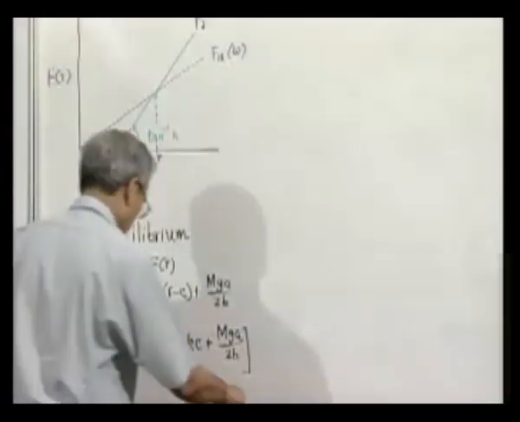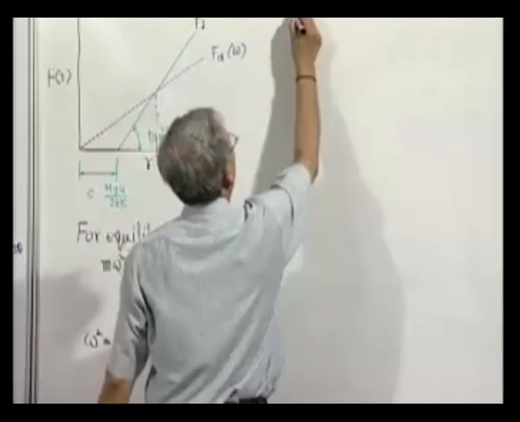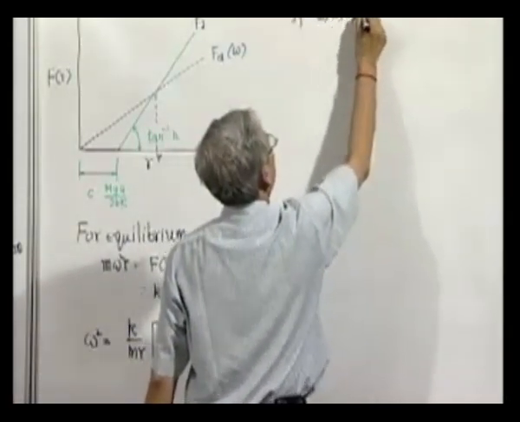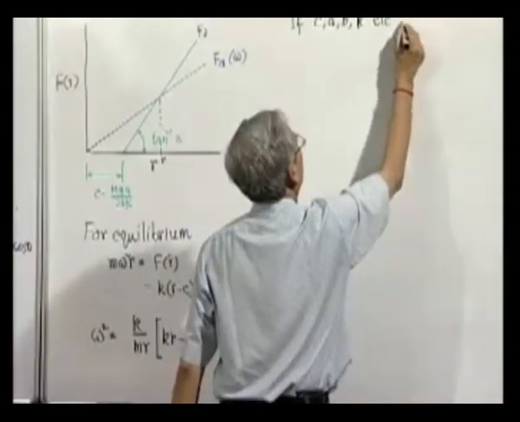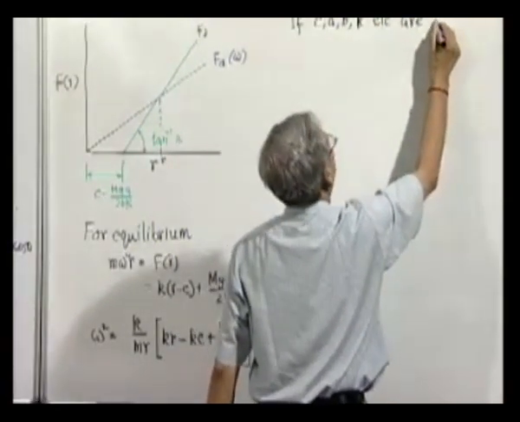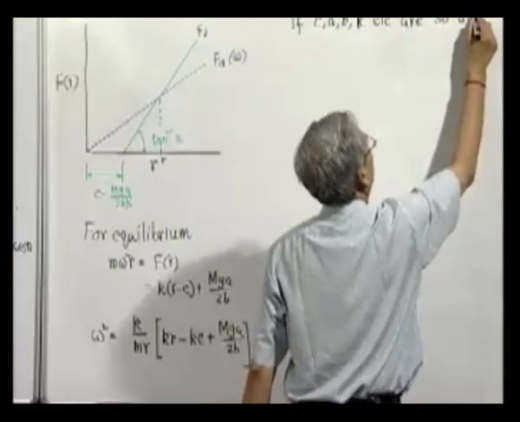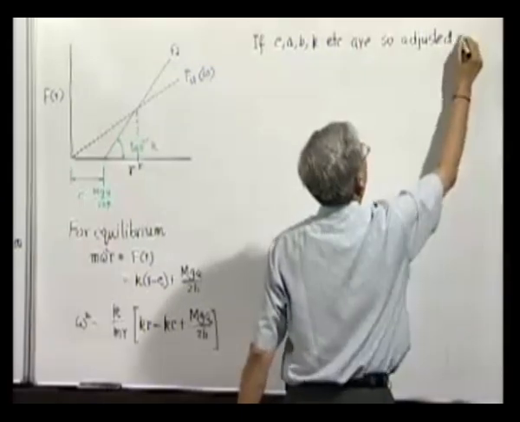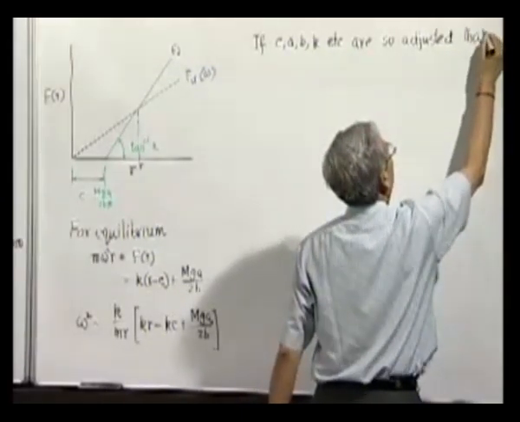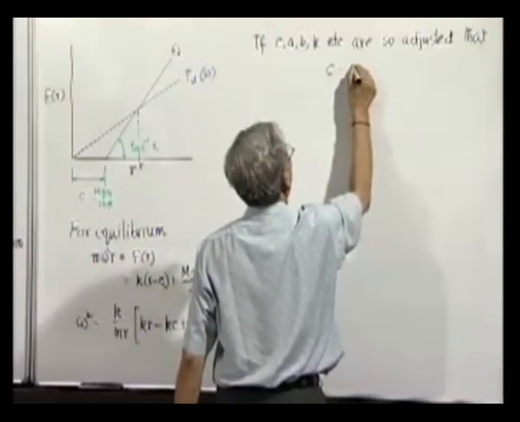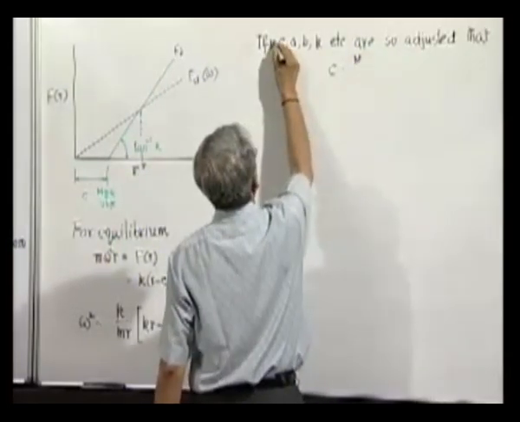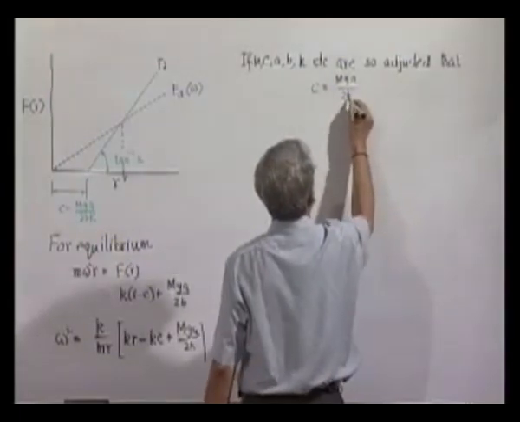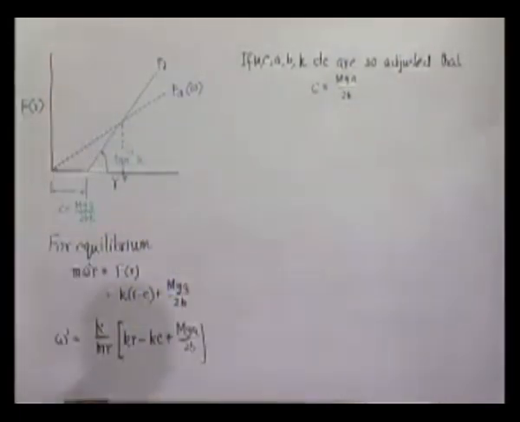So if C, A, B, etc. are so adjusted that C is equal to, including M, M, G, A to B, to B K.